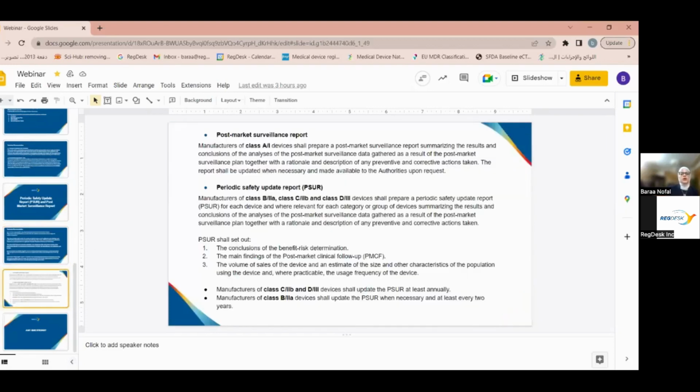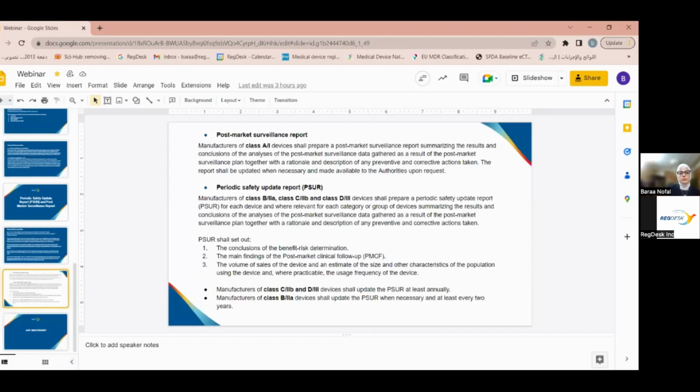And the post-market surveillance reports are for EU and Saudi FDA. By the way, all of the things I already said apply to Saudi FDA, and for EU MDR they are totally the same, but as I said earlier, they differ just for class A or class 1.